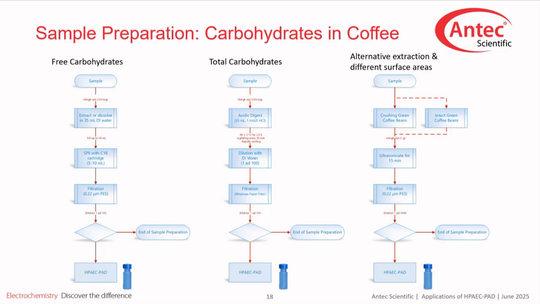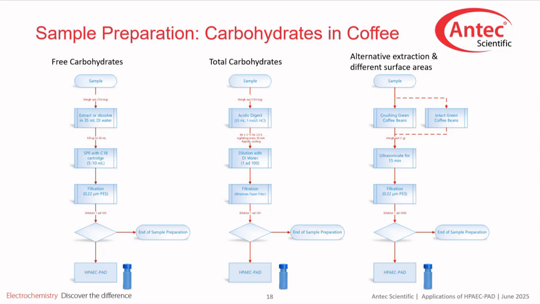Sample preparation is crucial, as we cannot just inject the coffee beans or coffee powder directly into the chromatograph. Three preparation methods are outlined in our application notes. The first, for free carbohydrates, involves extracting coffee beans or dissolving instant coffee in deionized water, treating this mixture with an SPE C18 cartridge, filtering it, and injecting it.